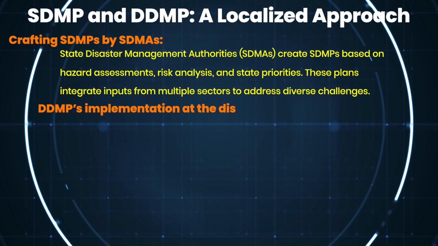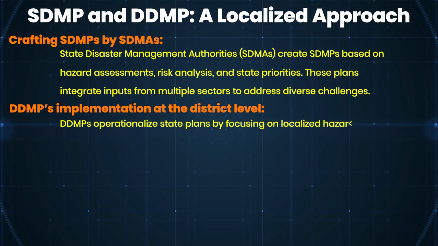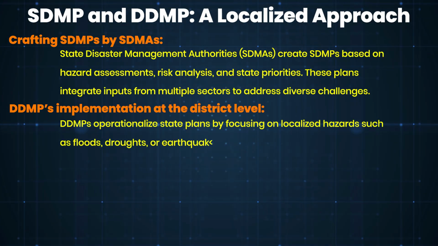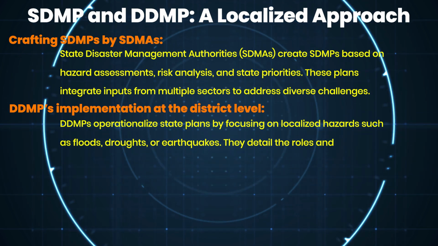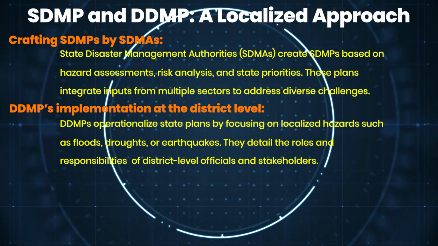DDMPs implementation at the district level: DDMPs operationalize state plans by focusing on localized hazards such as floods, drought and earthquakes. They detail the roles and responsibilities of district-level officials and various other stakeholders, ensuring tailored disaster plans for the communities. A localized approach ensures that every community, rural or urban, has a customized plan that addresses its unique vulnerabilities and needs.